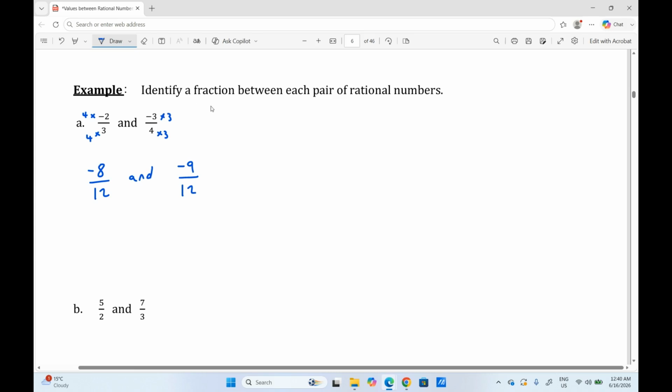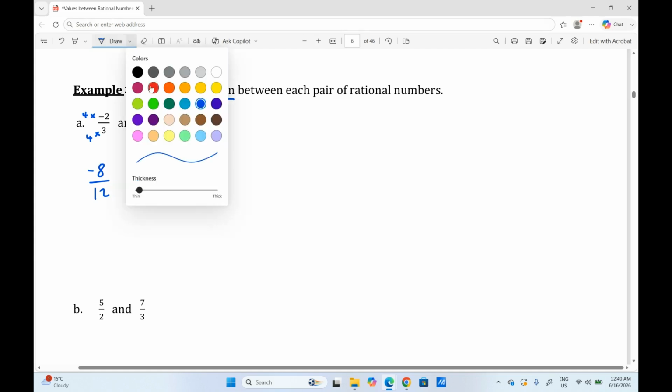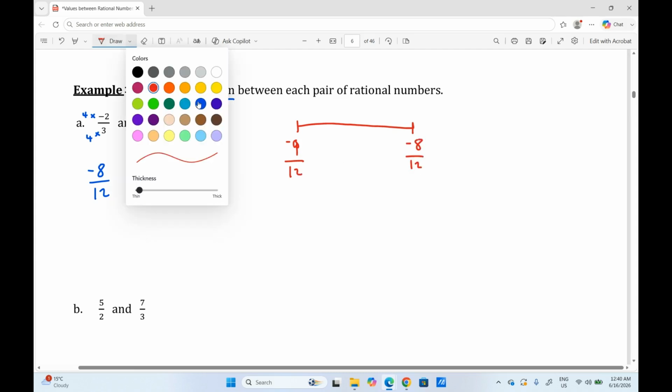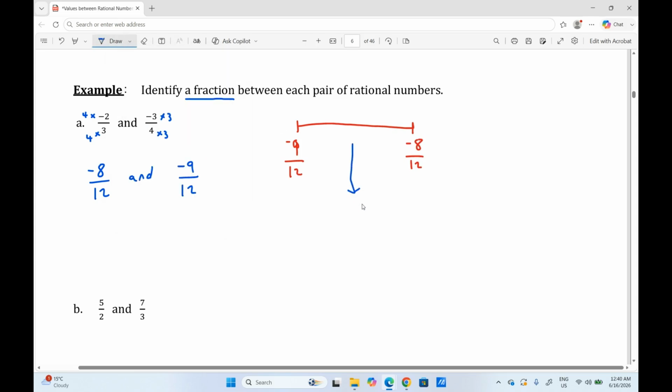So if I want to identify some fractions between each pair of rational numbers here, just a fraction, I only have to identify one. Well, a number between negative 8 and negative 9 would be negative 8.5, right? So let's go negative 9 over 12, negative 8 over 12. So between them would be negative 8.5 over 12.